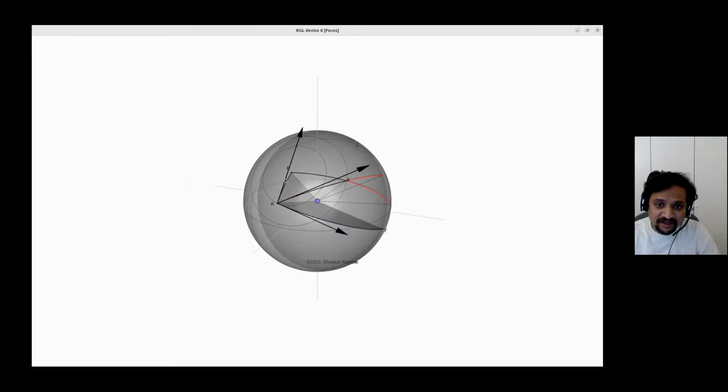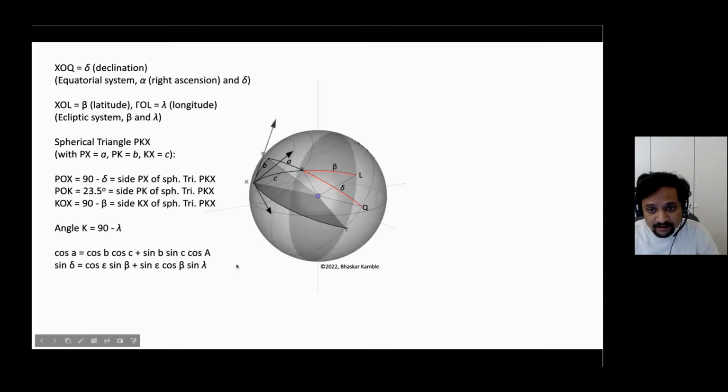Now we need the angle K, which is this one. Since this is 90 degrees, what is the angle between this one and this one? Well, we just saw that this is nothing but the longitude lambda. Gamma OL, this angle, is the longitude lambda, and that is the same as the angle between this line and this line.